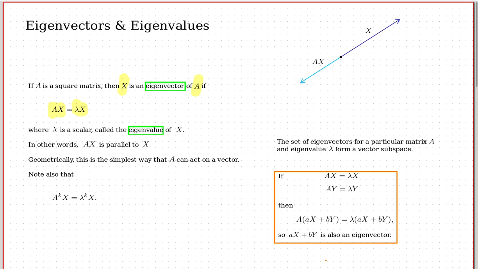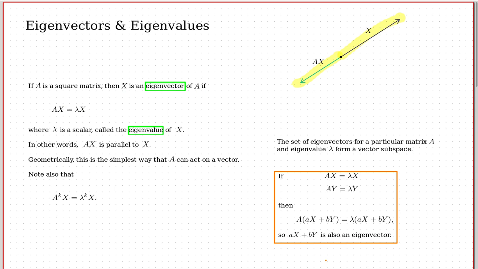In other words, lambda is a scalar, and therefore one way to think about this is that if this is the original vector x, and A times x is a scalar multiple of x, that means it's parallel to it, right?